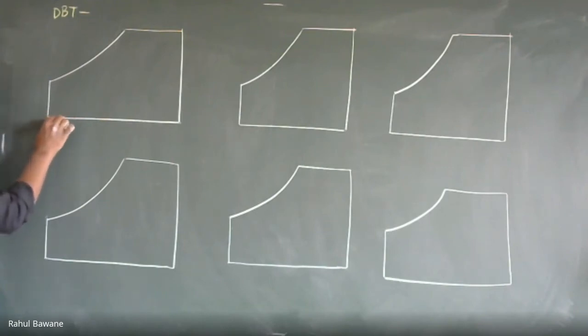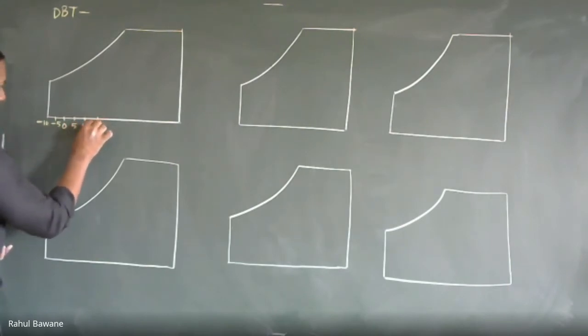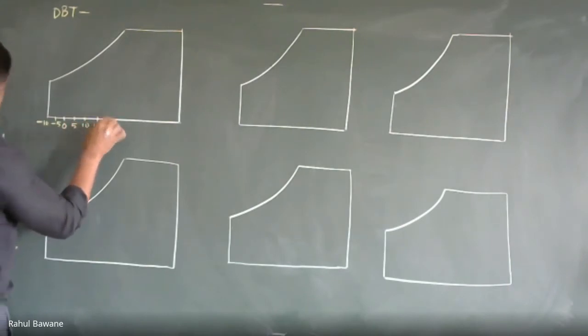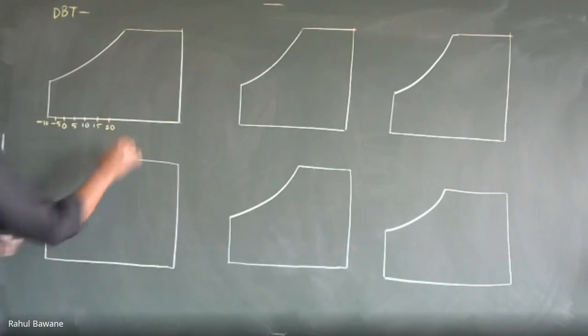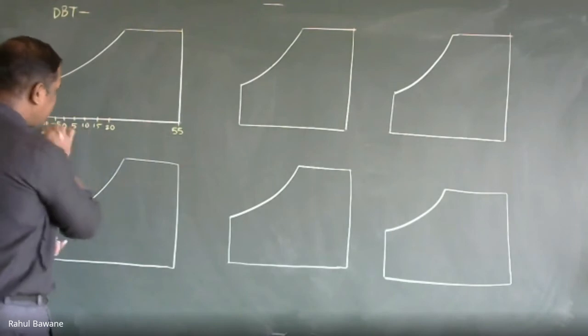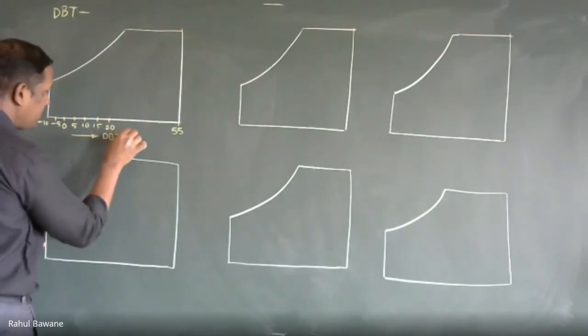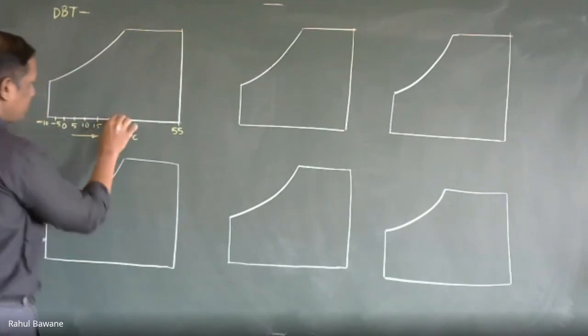And then -5, then -10. On the right hand side of 0, +5, +10, 15, 20. Likewise, it will reach about 55. This is the dry bulb temperature in degrees centigrade.